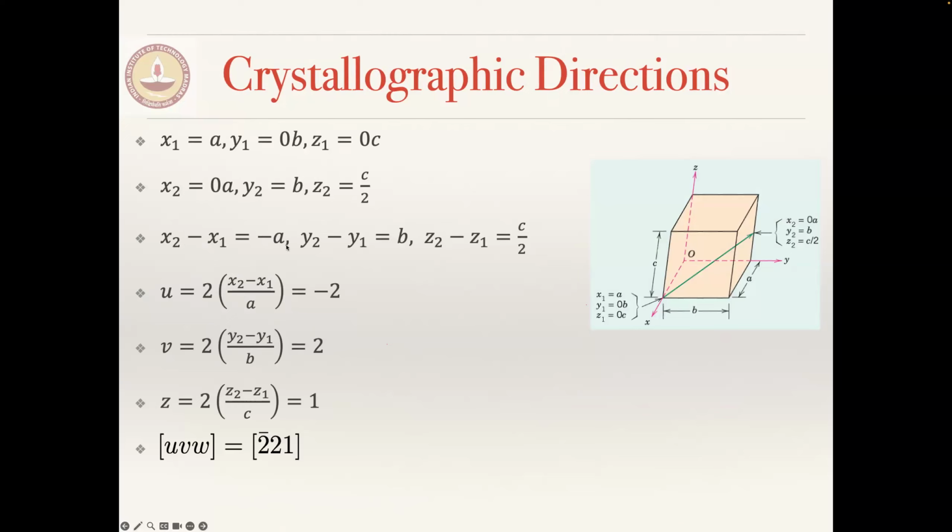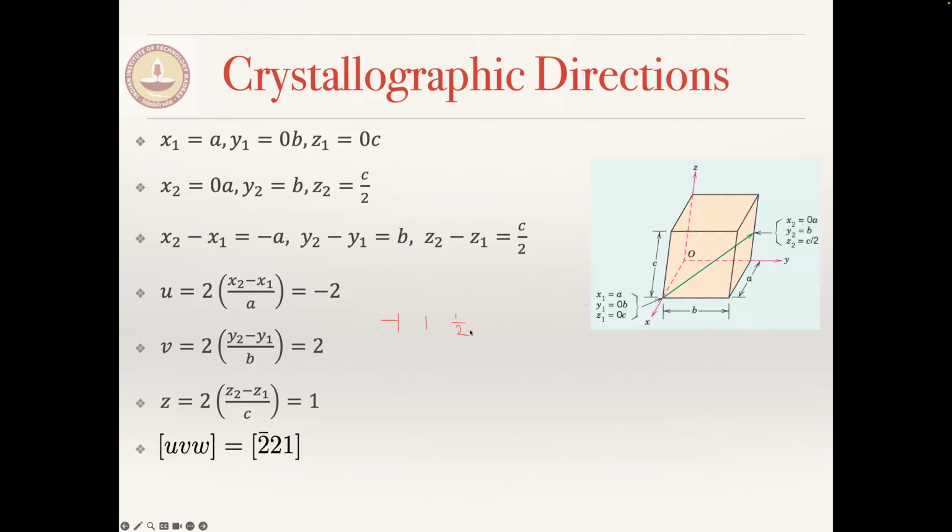Minus a divided by a is how much? Minus 1. And b divided by b is plus 1. c by 2 divided by c is 1 by 2. Correct? Yes, sir. Do you agree with that?